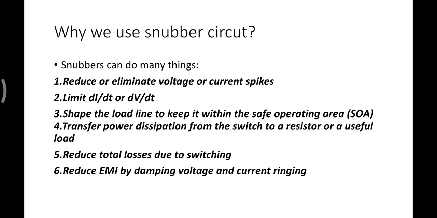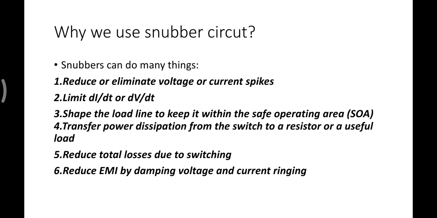That means any sudden increase in voltage or current can be reduced by using this snubber circuit. Another advantage is that it shapes the load line to keep within the safe operating area. It also transfers the power dissipation from the switch to a resistor or useful load.